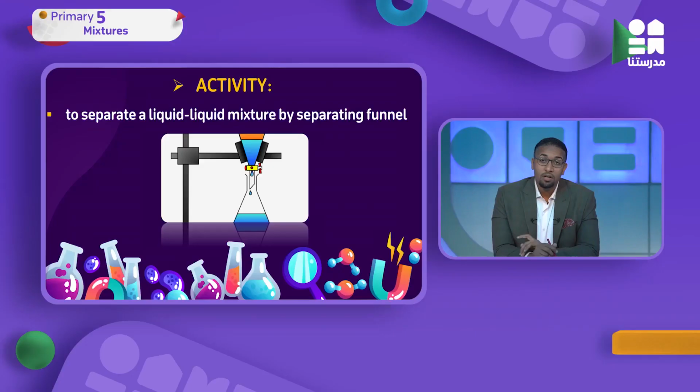This tool is called a separating funnel, and we use it to separate liquid-liquid mixtures. But these liquids are special. They are not mixed together, like oil and water as we said before. So tools needed: a separating funnel, water, oil, and a beaker.